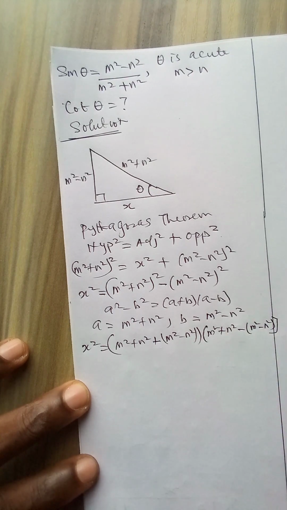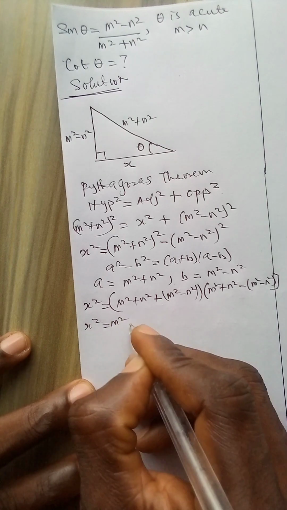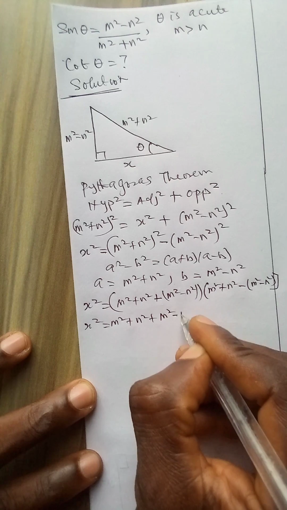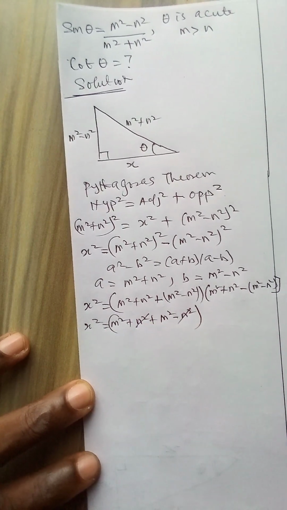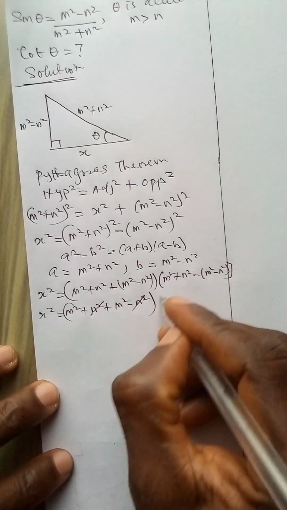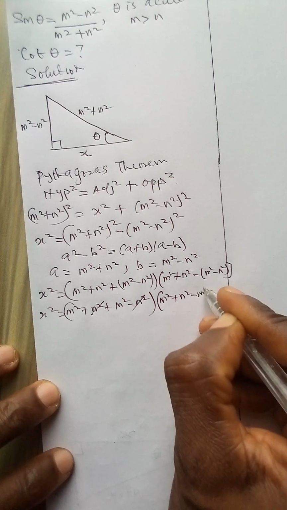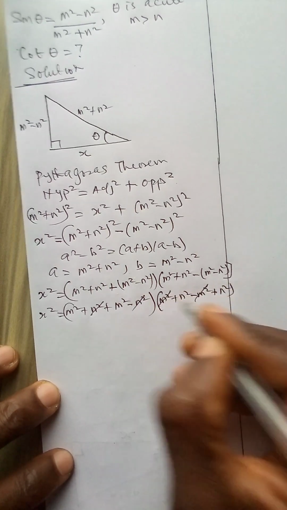Let's close the bracket. Now, if we open the bracket, x squared will now be m squared plus n squared plus m squared minus n squared, where this and this will cancel out. And if we open this bracket, m squared plus n squared minus m squared plus n squared, and this will cancel out.